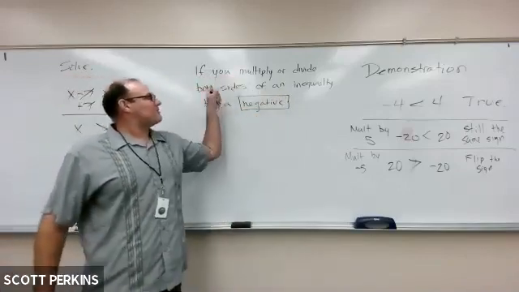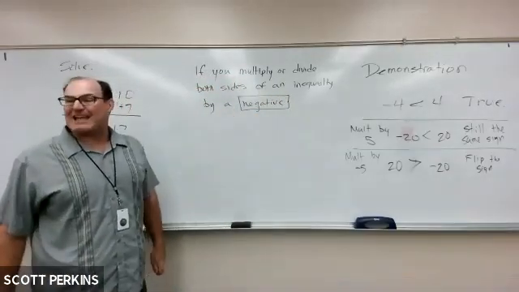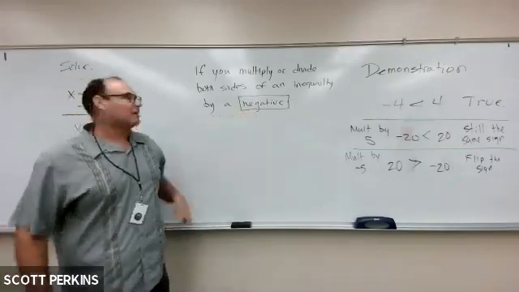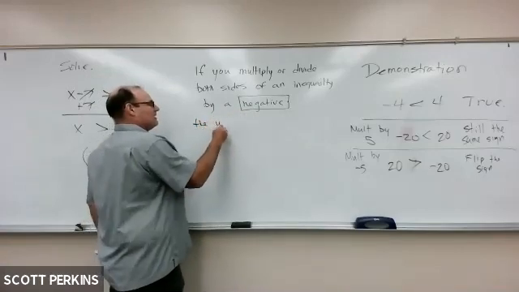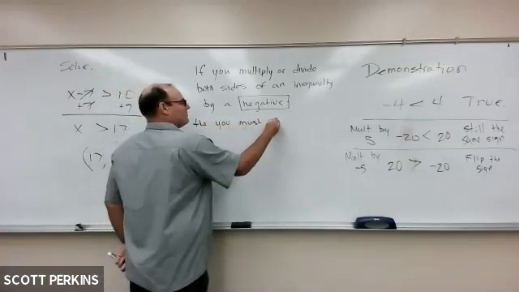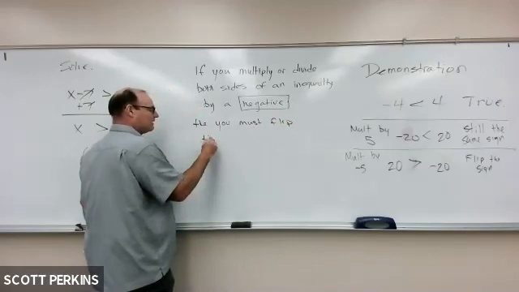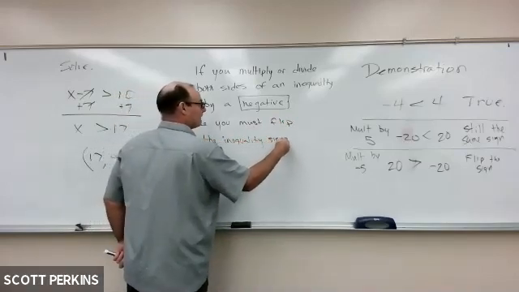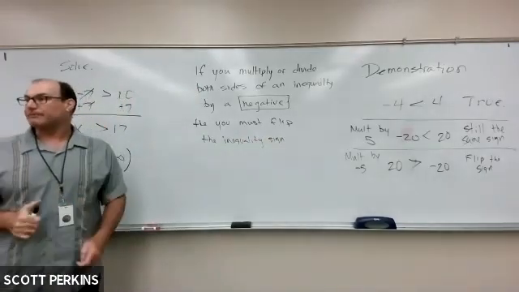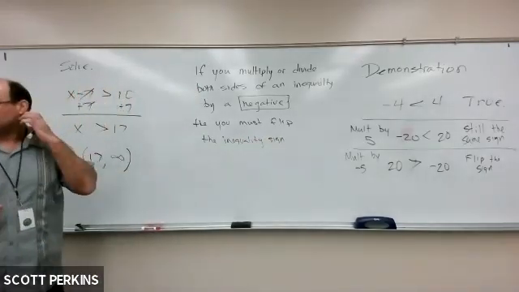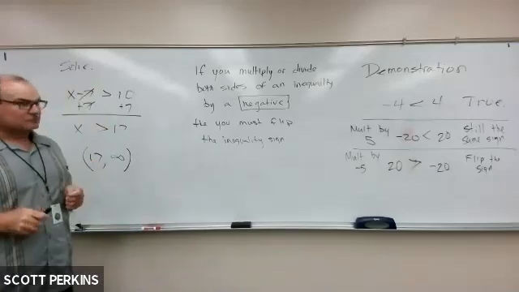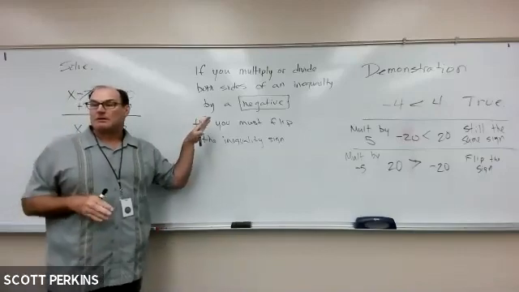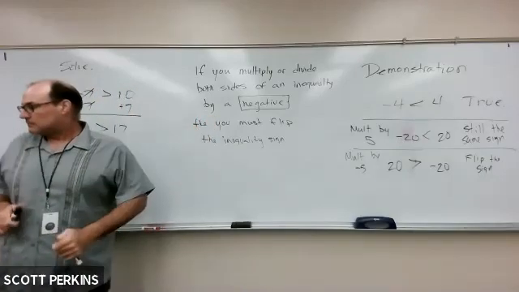If you multiply or divide both sides of an inequality by a negative, I've put a box around the negative, that is the key word here, then you must flip the inequality sign. It's non-negotiable. That's the new bit of information in solving inequalities.